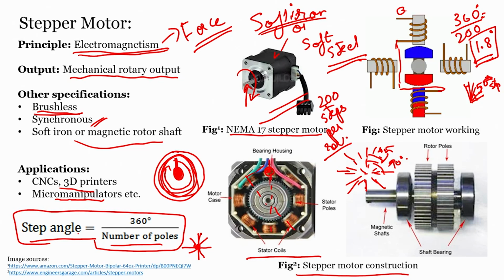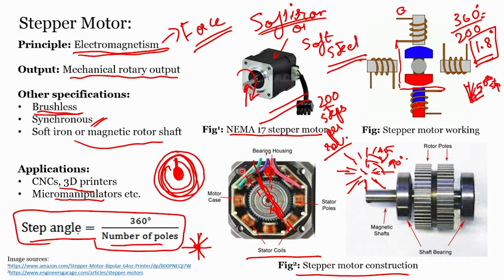So what happens is the resultant will be like this and the motor will align like this. Here you can see that if we polarize only this one, the motor would have aligned like this. If we align like this, one second.